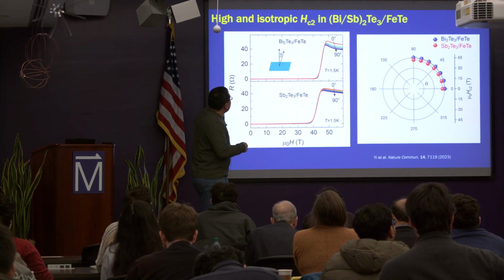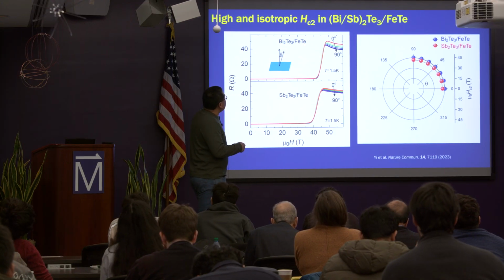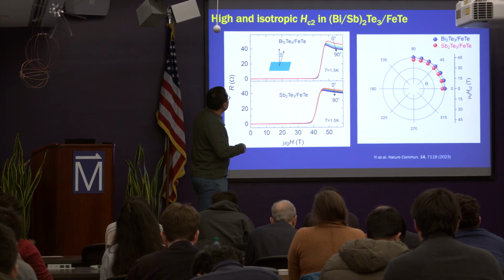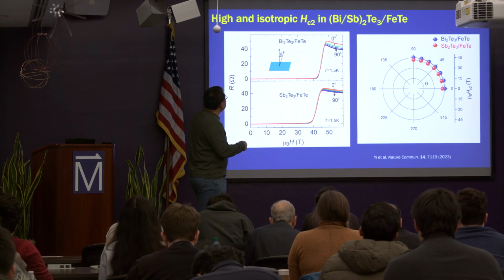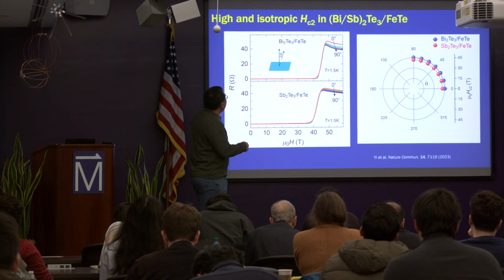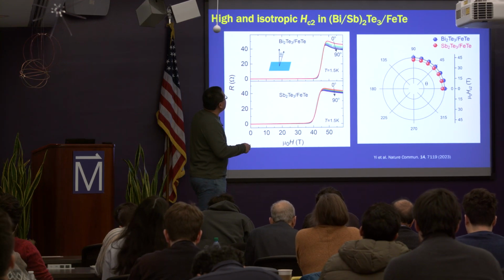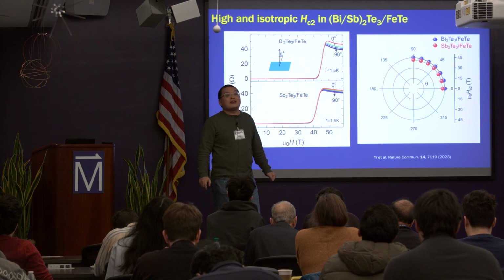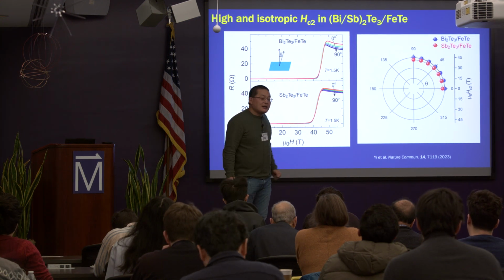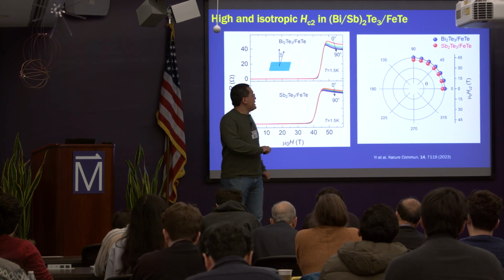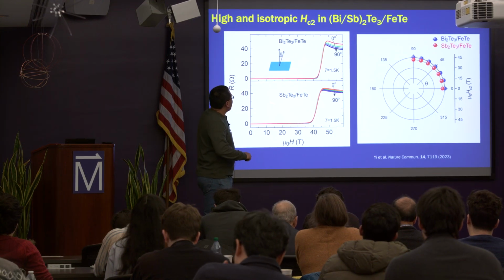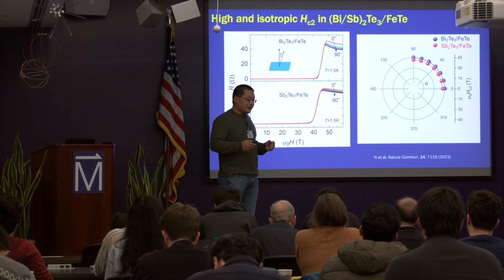Here we can see that for bismuth telluride and antimony telluride, when you apply the high magnetic field and change theta, where theta is the angle between the normal direction and the magnetic field direction, we see almost identical behaviors with different theta. That means the superconductivity in this system is isotropic, and in antimony telluride it is also isotropic.